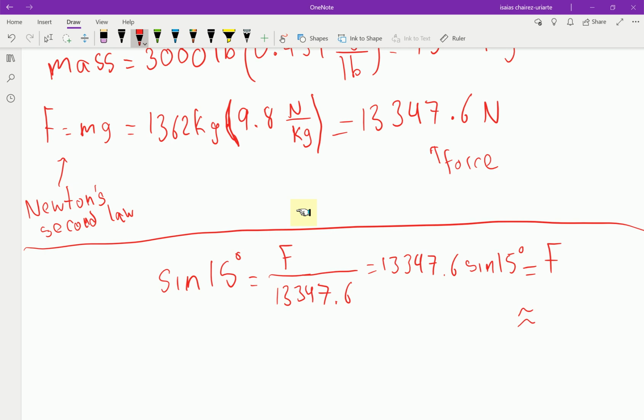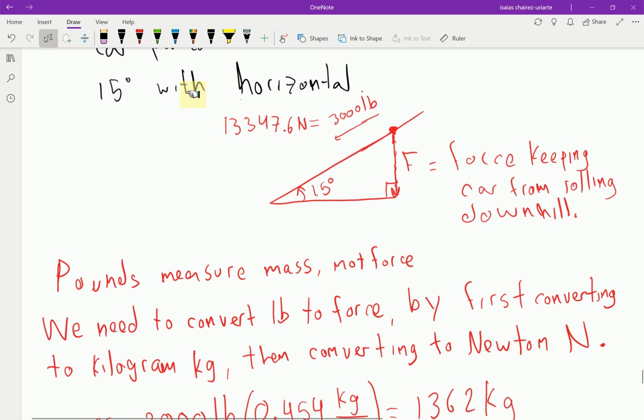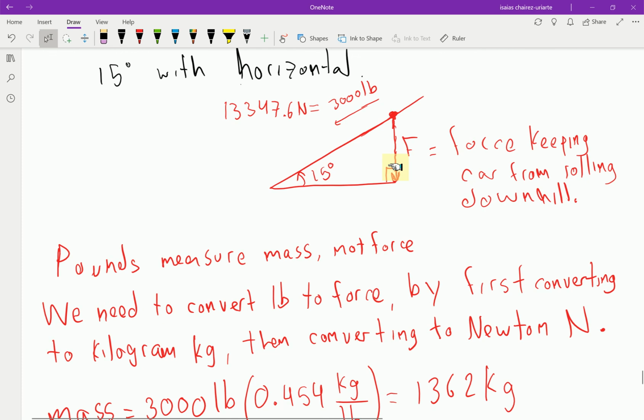And I conclude then that the force required to keep the car in place is 3,454.6 newtons. Interesting. The force pushing it, making it roll downhill, is 13,000 newtons. The force required to just keep it in place is 3,000 newtons. Why is that? Oh, physics.